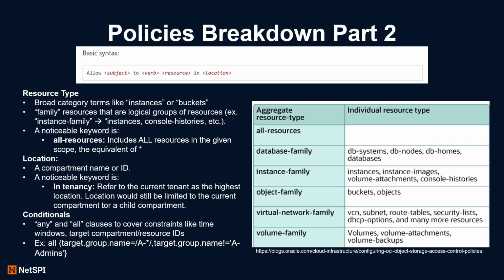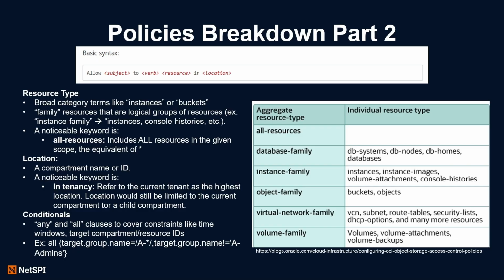From a resource type perspective, this is maybe not as similar to AWS, where you can specify a very specific ARN you want to target for a resource, and in GCP, you can sometimes apply bindings on the specific resource. In OCI, you have to use broad category terms like instances or buckets. So something like allow Scott to manage buckets, right? That means all buckets in whatever the location is. It's not a specific bucket.